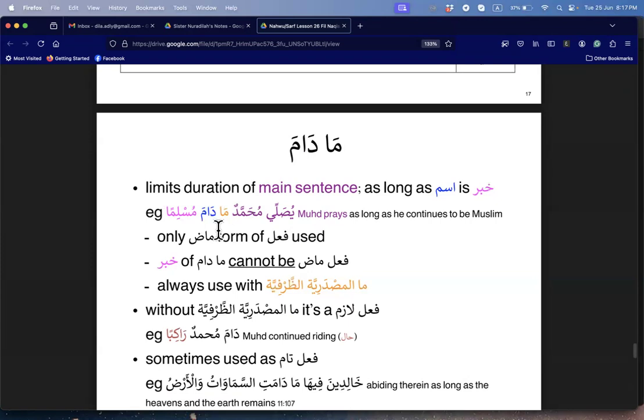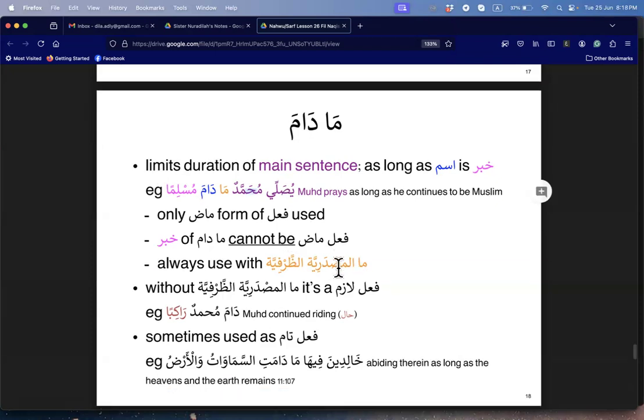But what about the i'rab of this whole thing? How is it connected to the first part, the jumlah fi'liyah, where you have a fi'il mudhari' and a fa'il? At that time we already mentioned ma masdariyah zorfiyah. It has a special name because this ma here is a zorf.